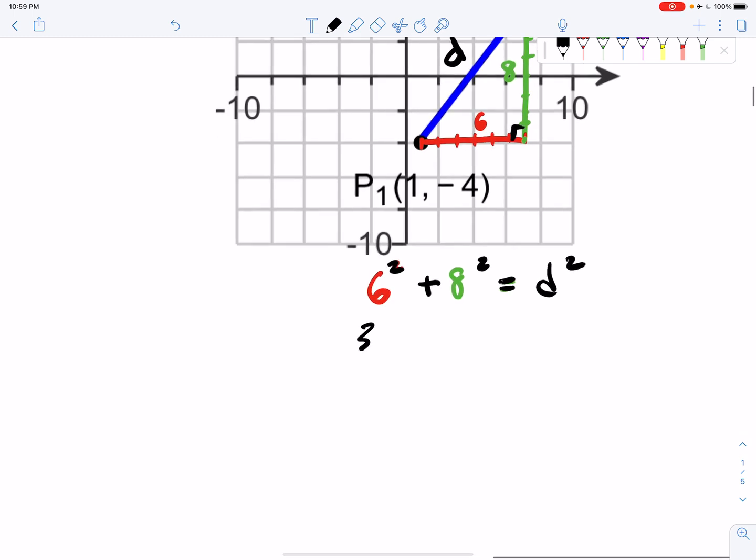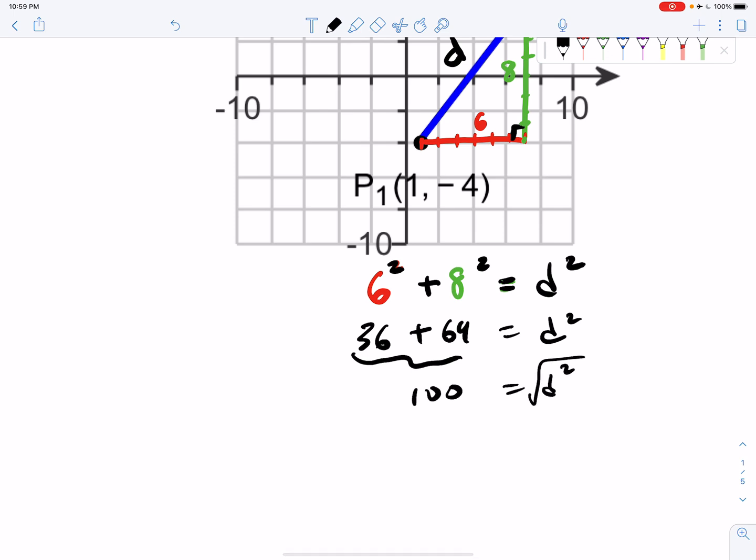And 6 squared is 36, 8 squared is 64, and when you add that up, you get 100. And if you want to solve for d, you square root both sides. Normally when we square root, we say plus or minus, but this is a distance, so we're not going to have a negative distance, and we just disregard that. The distance is 10 units.